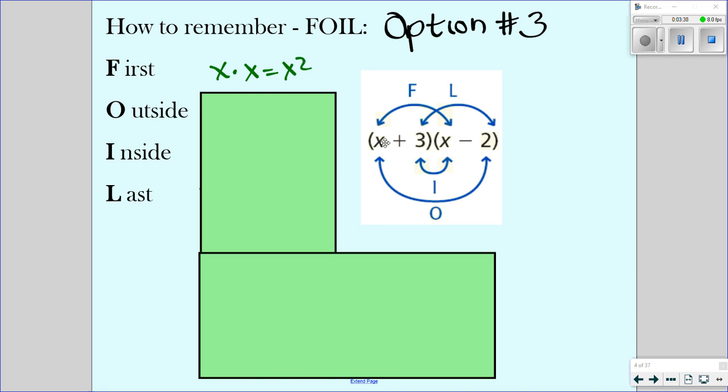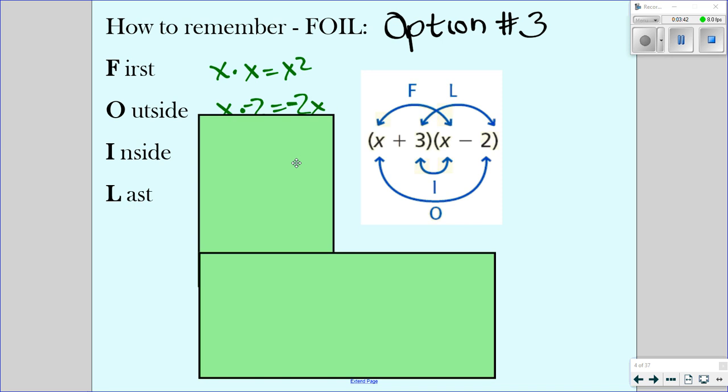So x is out further, and so is negative 2. So x times negative 2 gives you negative 2x. Then you do the inside, which is the ones that are next to each other inside the parentheses, but they're not exposed to the outside, if that makes sense.